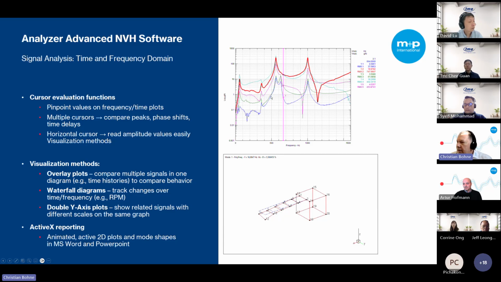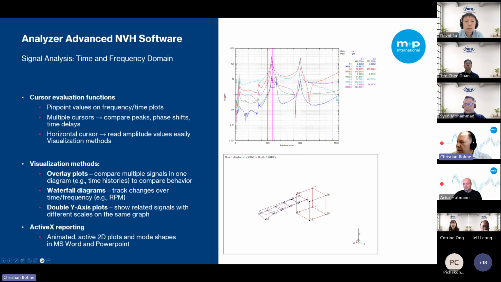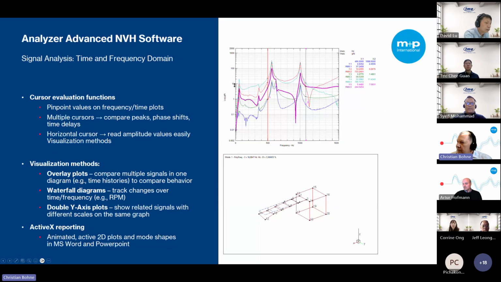So you see here I'm in a PowerPoint presentation, and you can have the same functionality that you have in the analyzer here in PowerPoint. For example, you can add a second cursor. You see then the difference here. I'm calculating RMS values between these curves. You can highlight the curves. You can scale.